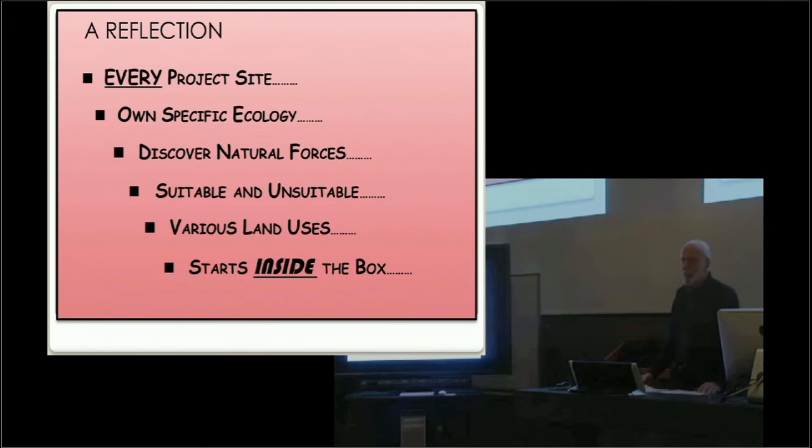Thus, whether the project is a small interior court, a downtown streetscape, or a regional landscape feasibility study, one will discover this array of natural forces, which we've talked about: climate, microclimate, soils, geology, hydrology, vegetation, wildlife, topography, etc., that will require documentation and evaluation for the suitable and unsuitable characteristics associated with the various types of land uses.